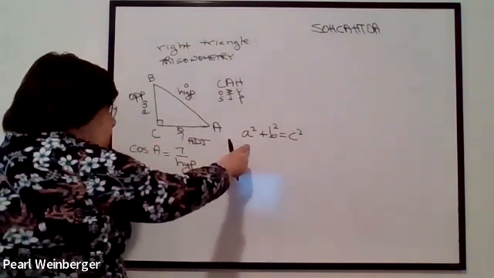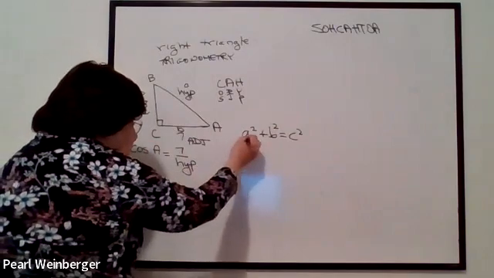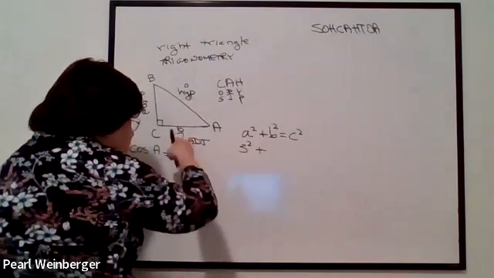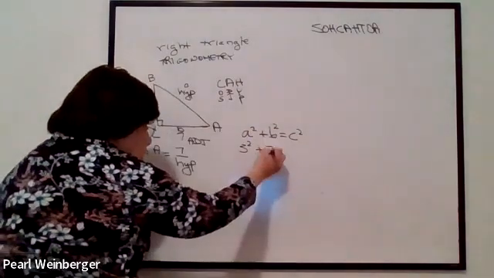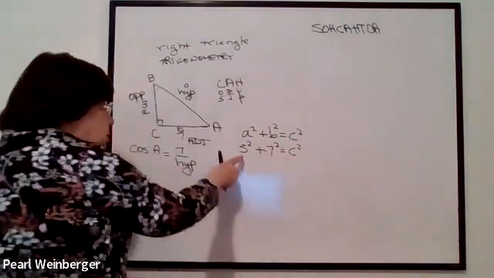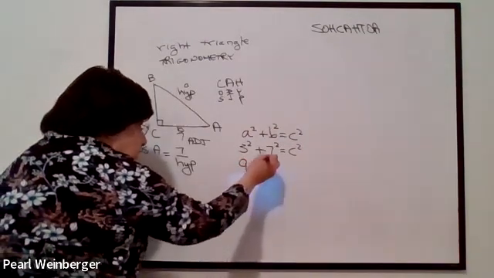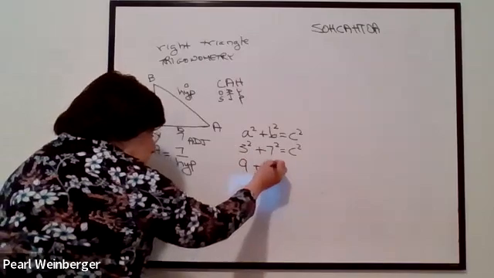So we want to find out what C is. So I'm going to put in the A is 3, the B is 7, and the C is what we're trying to figure out. So this becomes 3 squared is 9, 7 squared is 49.